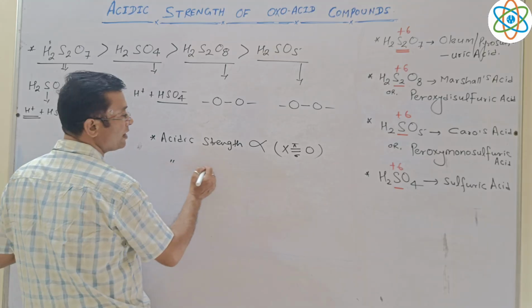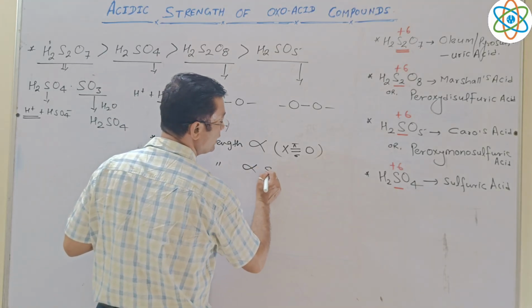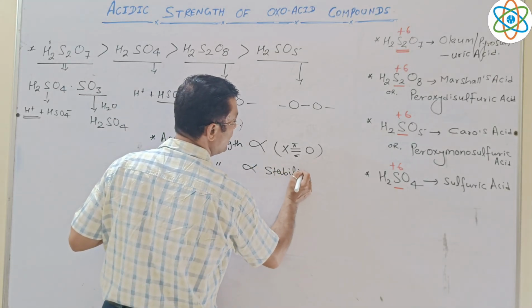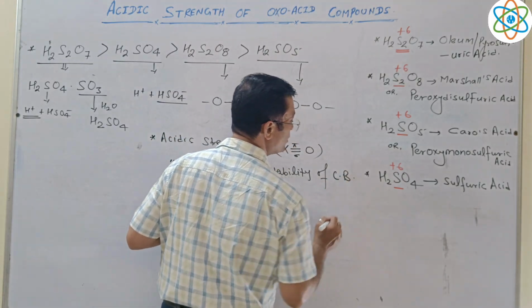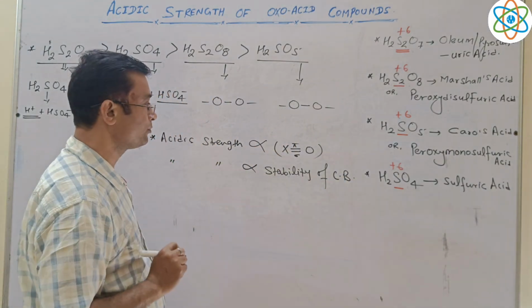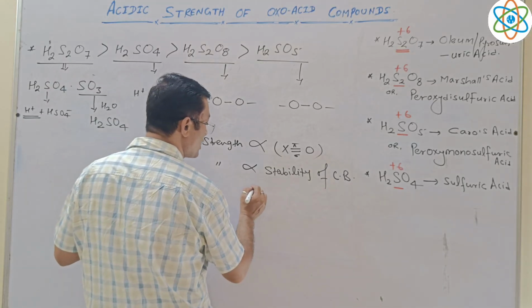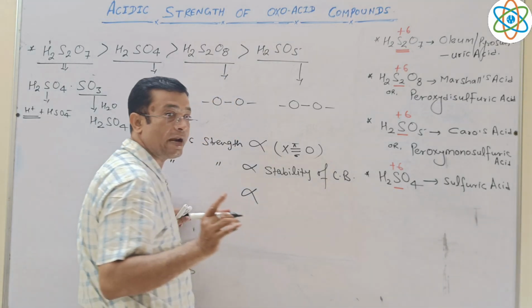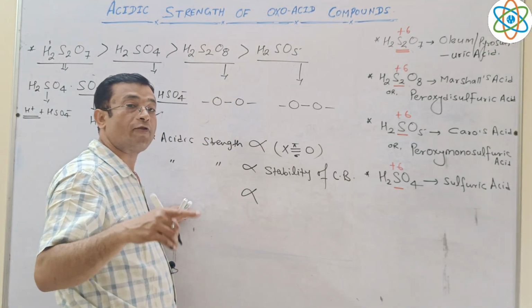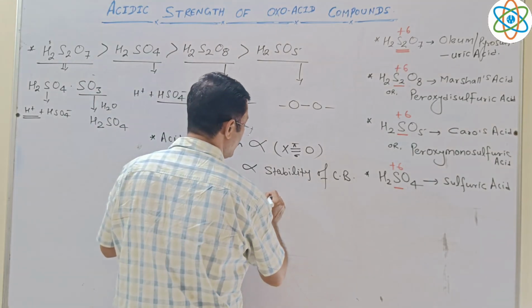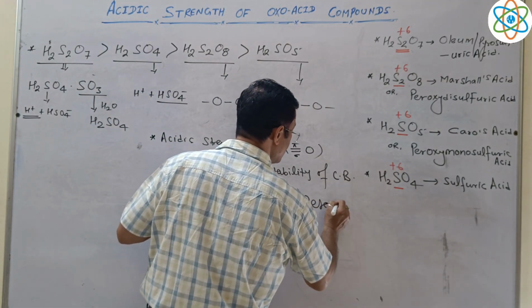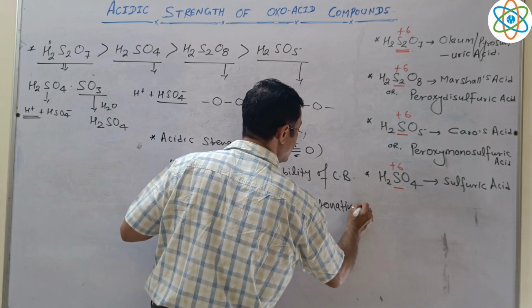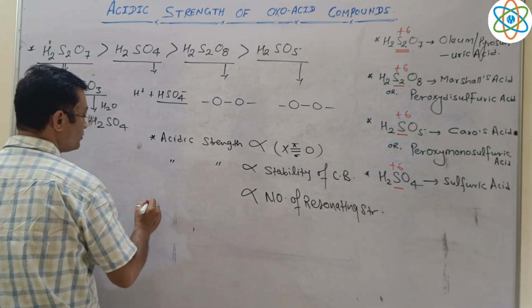Now, acidic strength also directly depends on the stability of the conjugate base, and the stability of the conjugate base directly depends on the number of resonating structures.